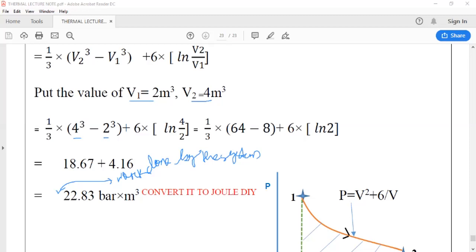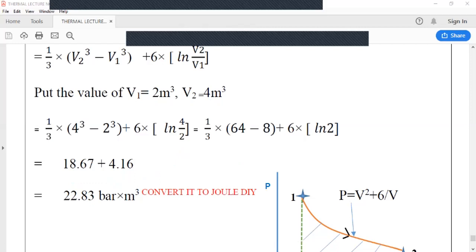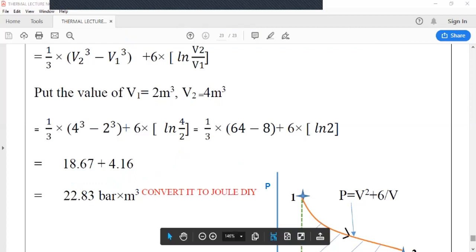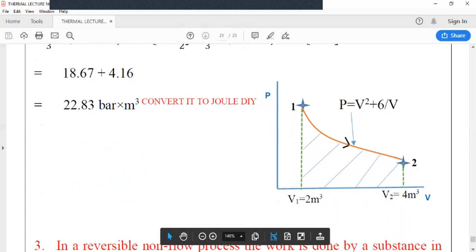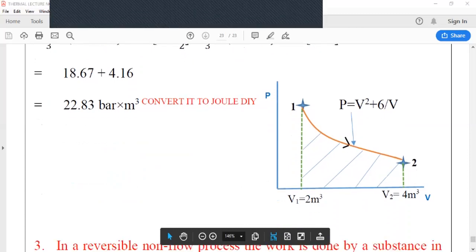Now bar into meter cube is never the unit of work done. Then what is the unit of work done? The unit of work done is joule or kilojoule. Now you have to convert this.